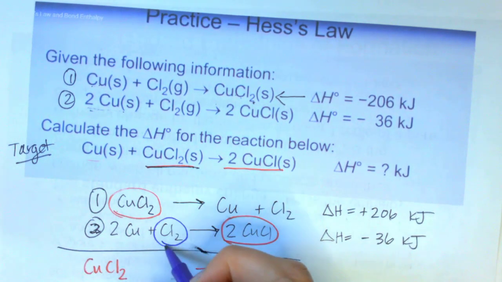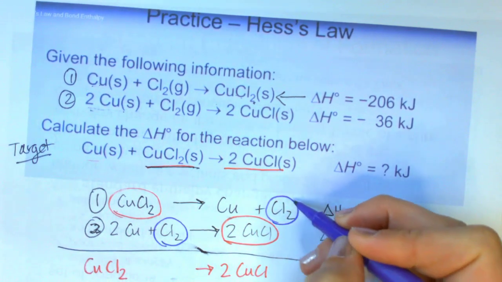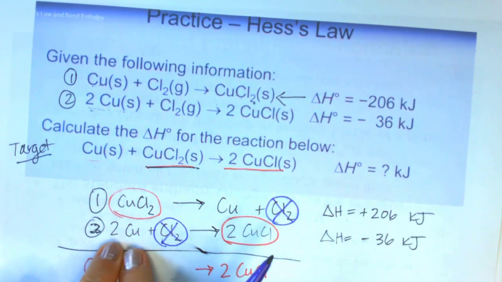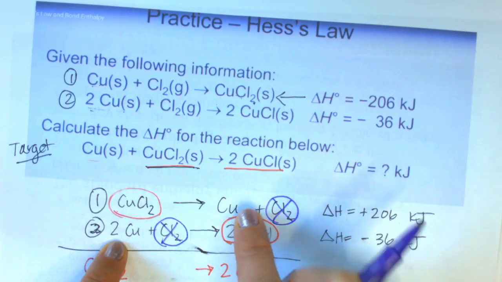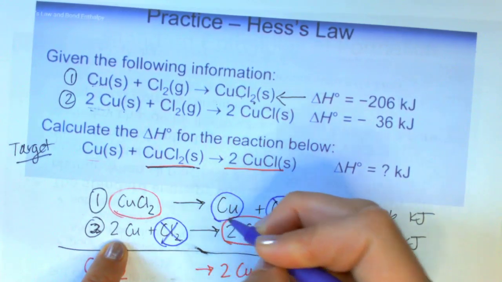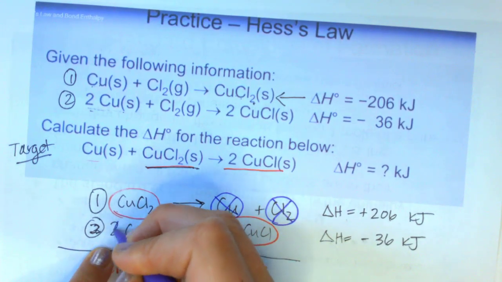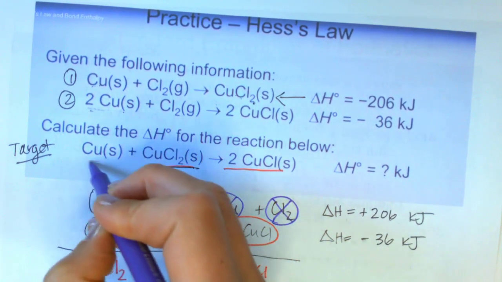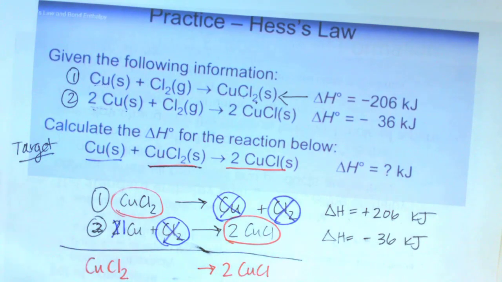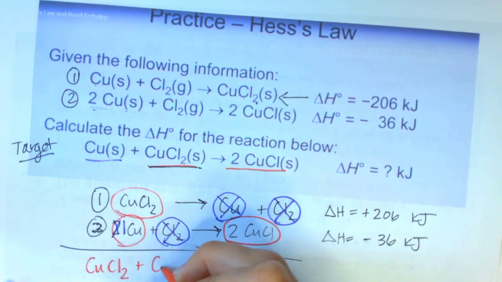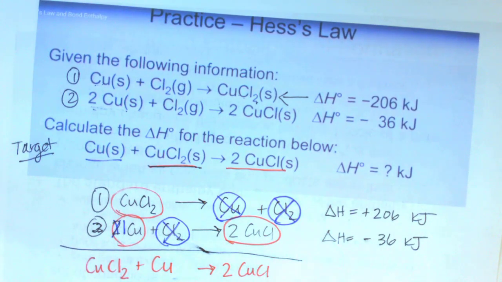Well, we've got a Cl2 on the left and a Cl2 on the right. So yes, those cancel. And we have 2 coppers on the left and 1 copper on the right. So they're not going to cancel, but this 1 copper will make that 2 coppers down to 1. And thank goodness, because that's all we wanted down here was 1 copper. So good.